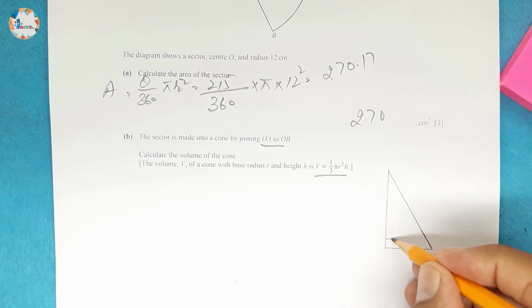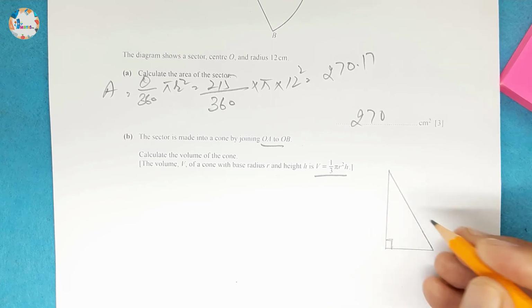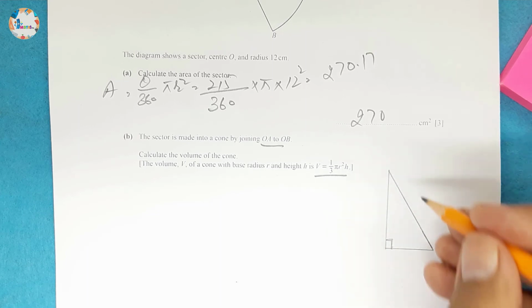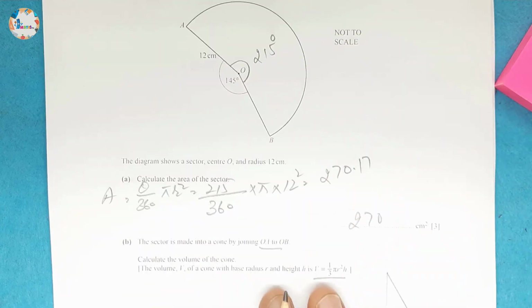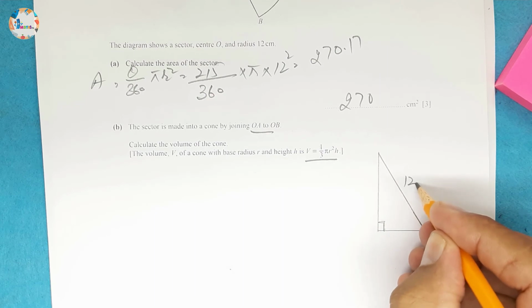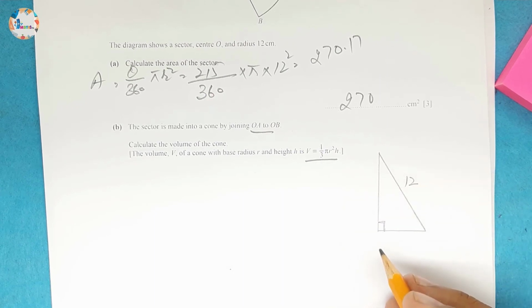So this will be a right angle triangle, 90 degrees. This side we have basically this radius, which is provided over here, this will be the slanting height, which is 12. And this side we can calculate, this r.